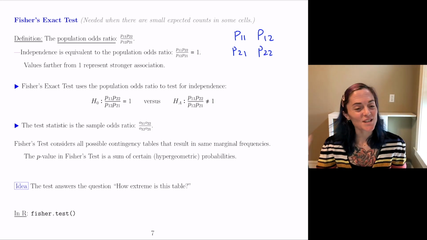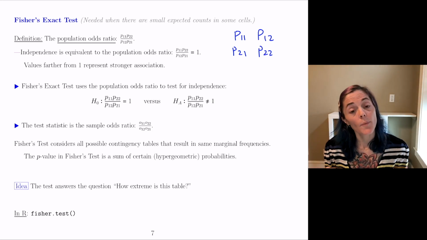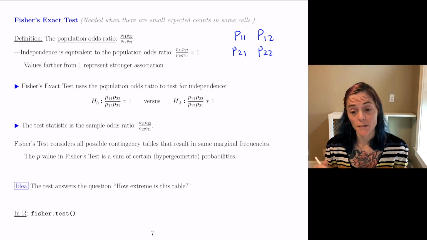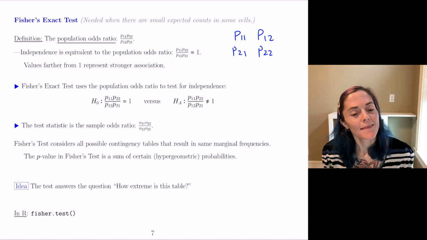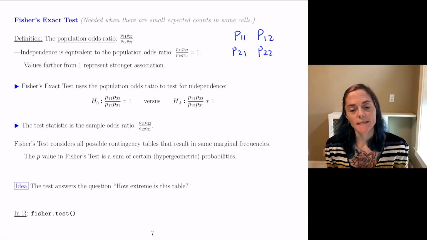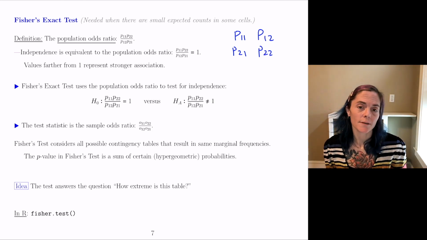Okay, Fisher's test considers all possible contingency tables that result in the same marginal frequencies. The p-value in Fisher's test is then a sum of certain hypergeometric probabilities.